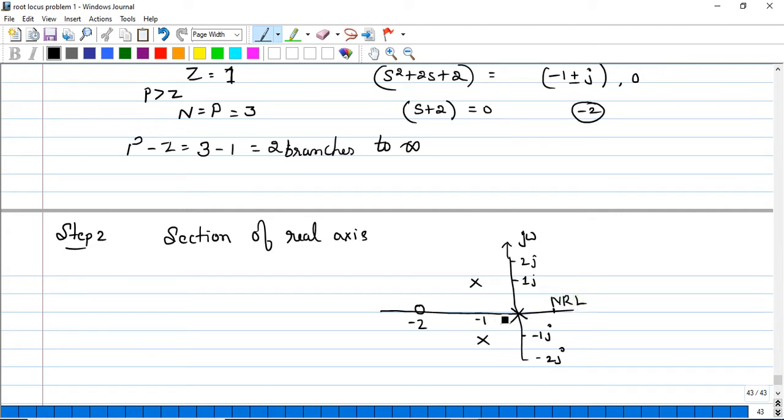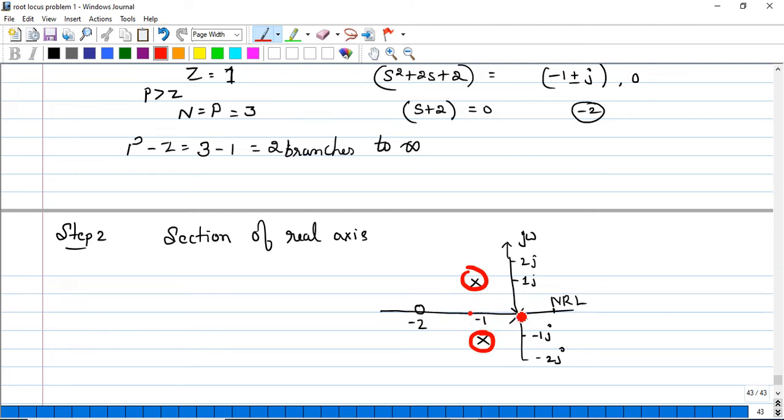And next I am placing a point in between a pole and 0. If I place a point here, we need to count. Okay, so let me place a point. I will take a thicker one. If I place a point on this red point, towards the right side, we need not consider the complex pole. You just don't consider it; we have to consider only poles or zeros which are on the real axis.